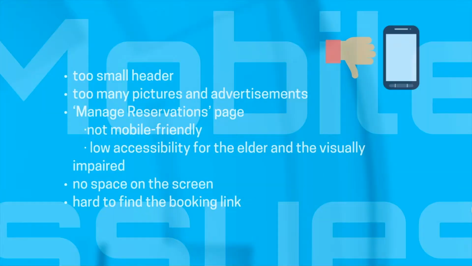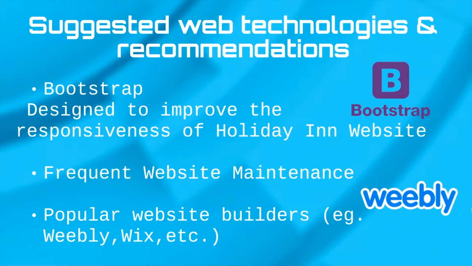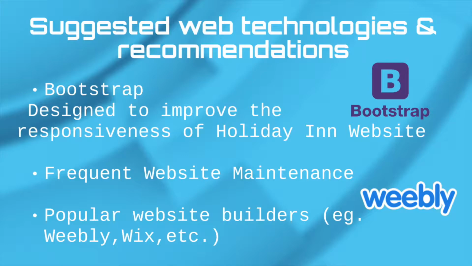So we introduced some web technologies and recommendations for the website. The reservation management web page on mobile devices is not responsive enough. Therefore, we will use Bootstrap, which is essentially a framework associated with HTML, CSS, and JavaScript, and is perfect to solve this problem.